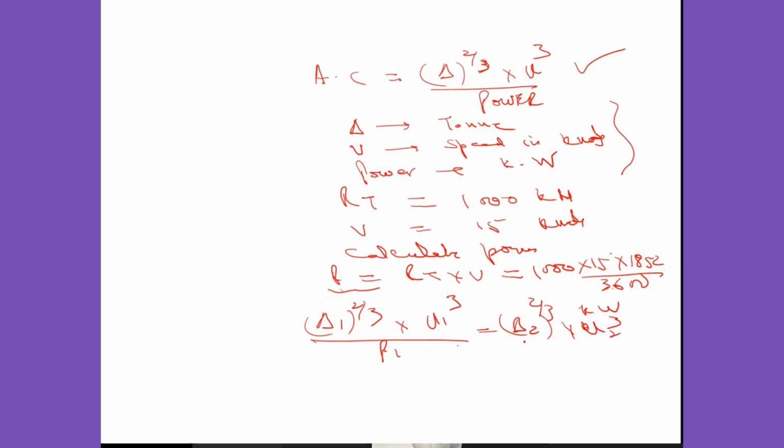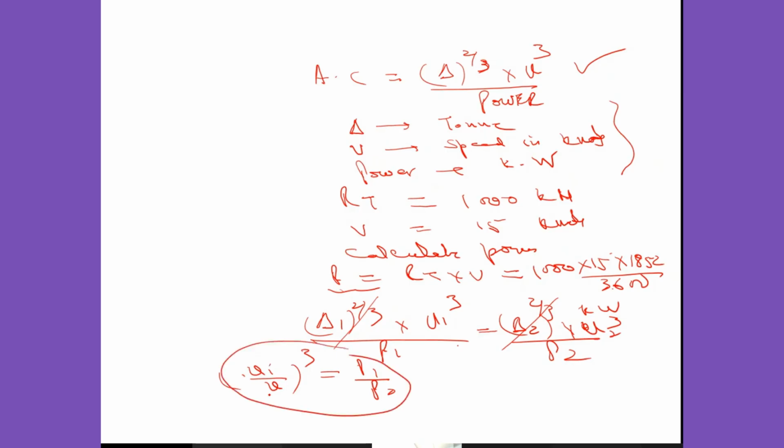Now if suppose displacement is same, vessel is underway and I am only changing power, so this gets cancelled. So what I get is V1 cube, or I can say V1 by V2 cube, is equal to P1 by P2. यही बनेगा ना मेरे इस रिलेशनशिप का.